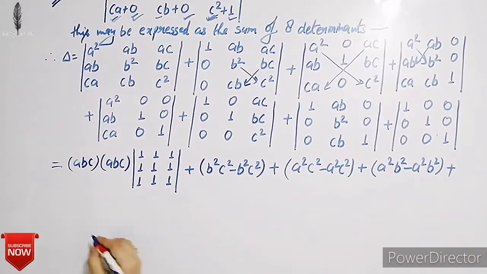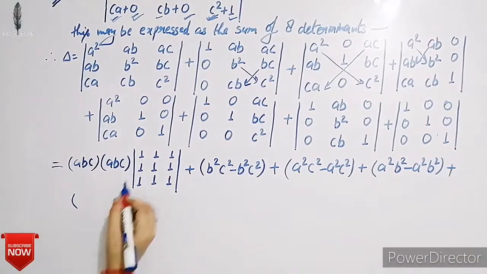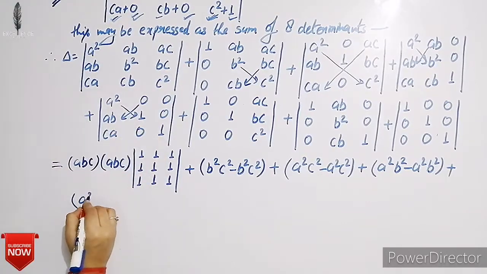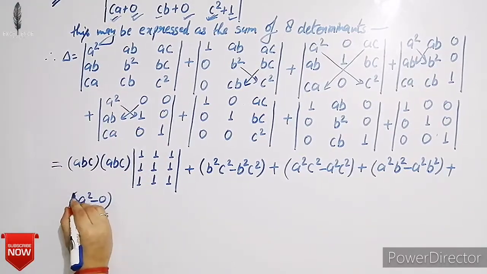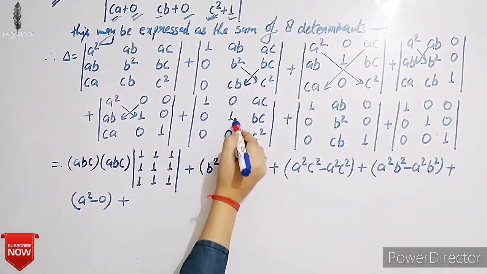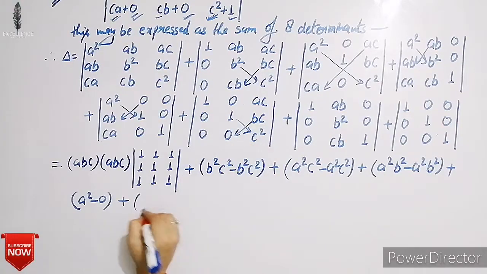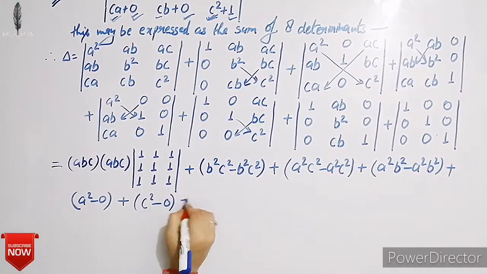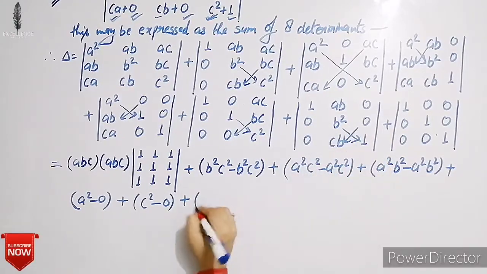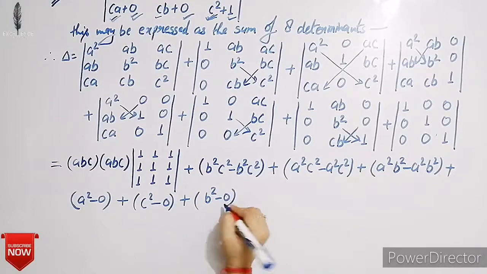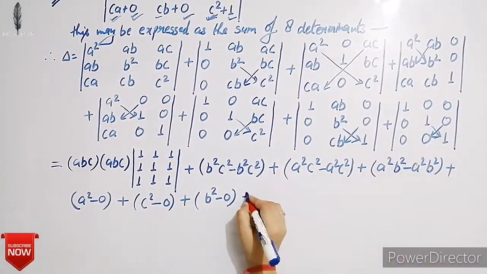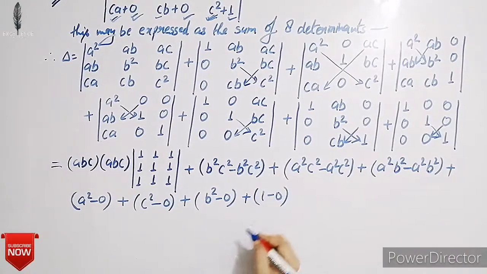plus here expanding along C3, then we get A square minus AB into 0, that is 0, plus here expanding along C1, we get C square minus BC into 0, that is 0, plus here expanding along C1, then we get B square minus 0, plus here also expanding along C1, then we get 1 minus 0.